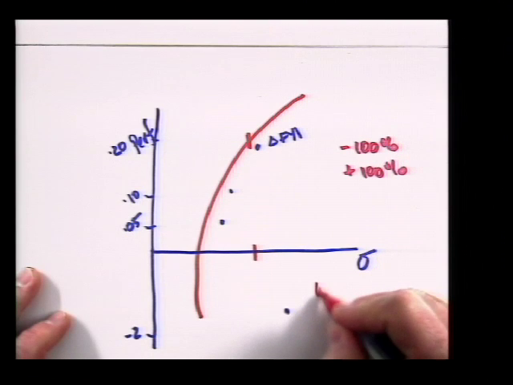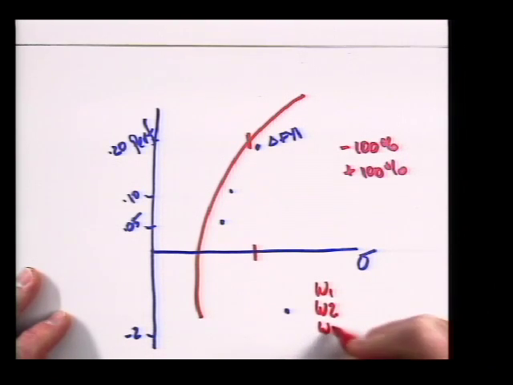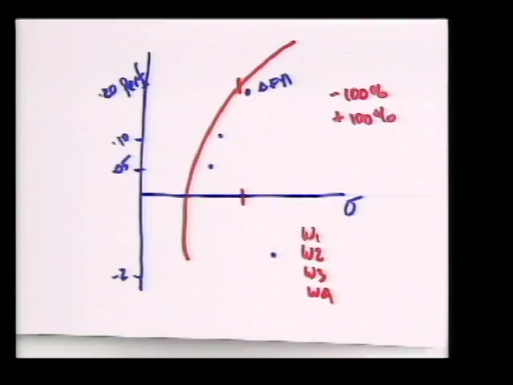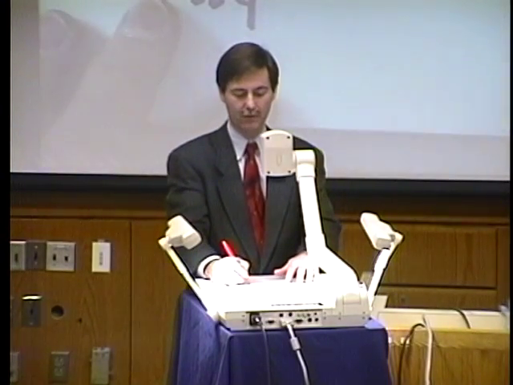So we've got W1, W2, W3, W4 for our 4 assets. W4 is the weight associated with ROE. What is the sign going to be? It's going to be negative, almost surely.